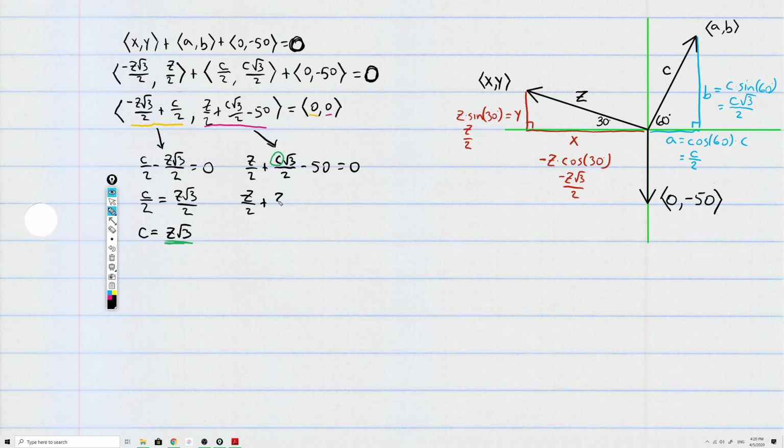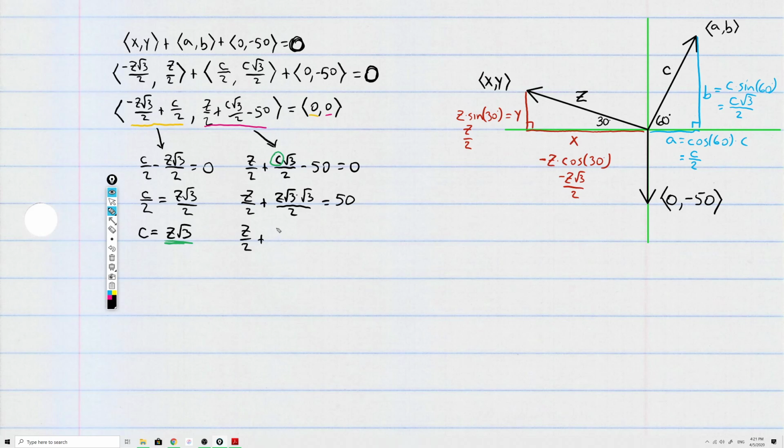All right, so we have z over 2 plus z root 3, so c turned into z root 3, and we have another copy of root 3 over 2. And I'm going to go ahead and move the 50 to the other side. I think we'll have to do that anyway. So we have z over 2 plus the square root of 3 times the square root of 3, which is 3.